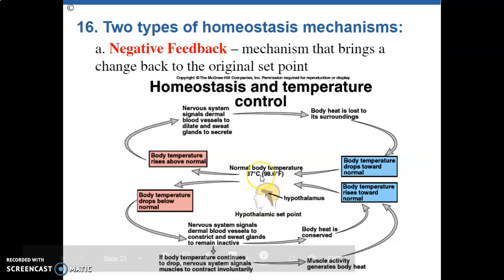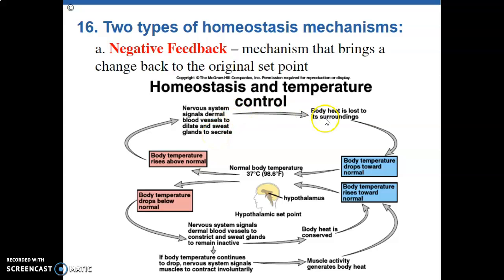All right, so starting out at this set point of 98.6 degrees Fahrenheit, if body temperature rises above normal, the nervous system tells your skin, dermal means skin, so the nervous system tells your skin blood vessels to dilate, that means to expand, and sweat glands to secrete sweat.